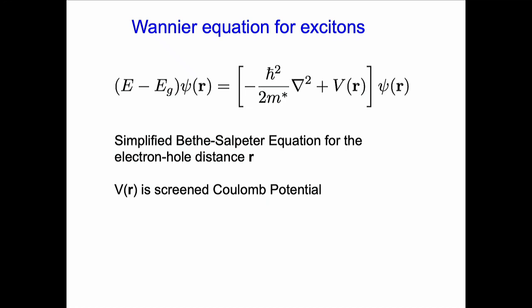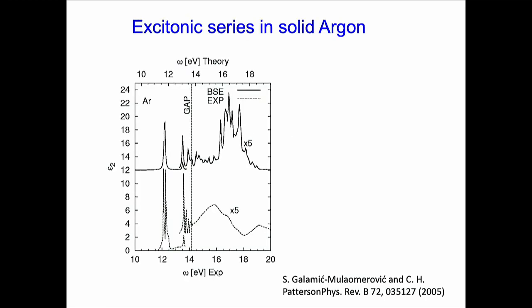And then you see it really looks like the Schrödinger equation. V of R is the screened Coulomb potential. And on the left side, you have the energy of the exciton with respect to the energy of the gap. So this Wannier equation then describes bound excitons, and the results are consistent with what we have seen here, and also with what is calculated in Bethe-Salpeter.